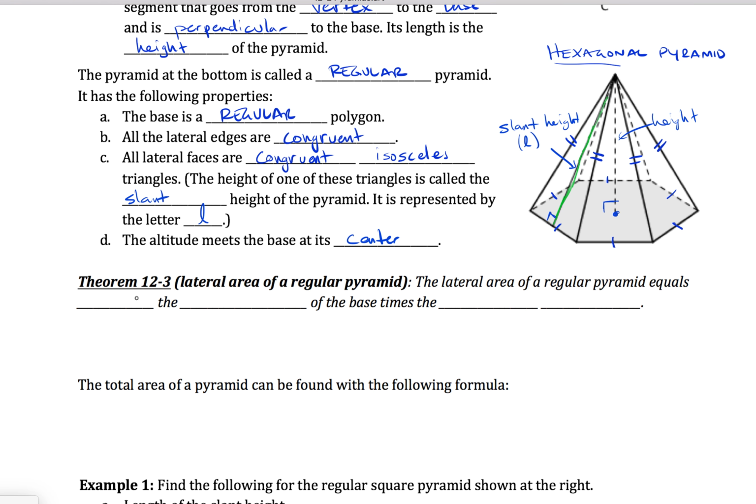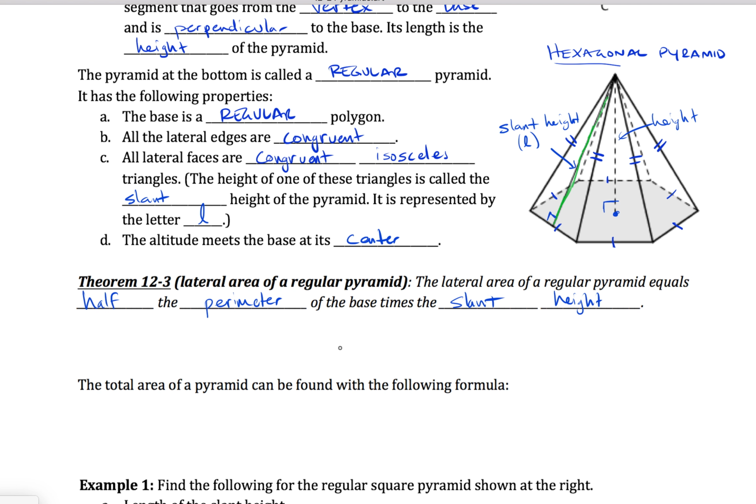First of all, we have a formula for the lateral area of a regular pyramid. It says the lateral area of a regular pyramid equals half the perimeter of the base times the slant height.